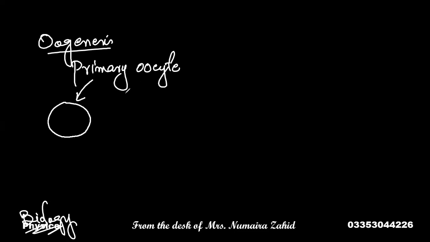It is very important to find a primary oocyte, which is responsible to develop the eggs. Here we are starting with the primary oocyte, which is diploid, and it produces one larger cell and another smaller cell which are haploid in number.